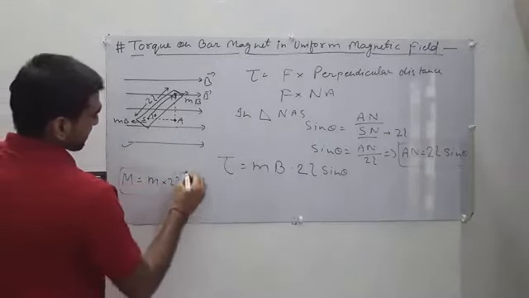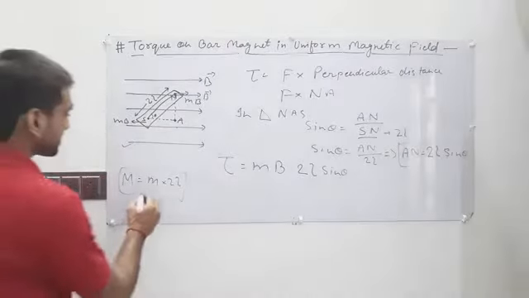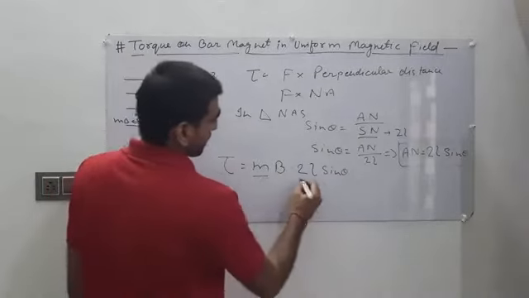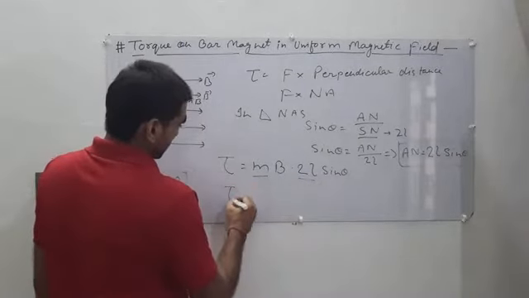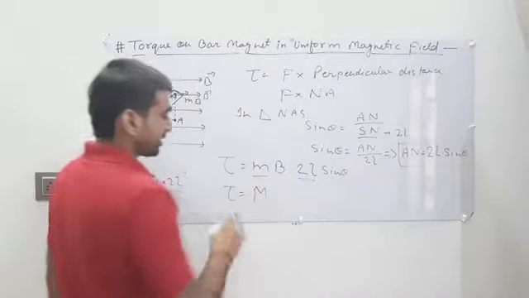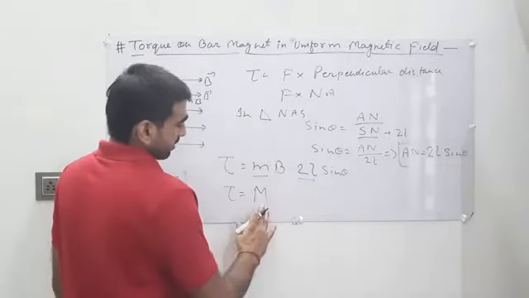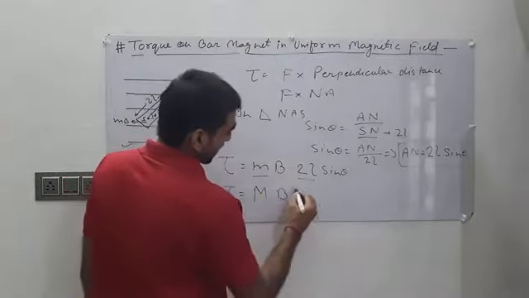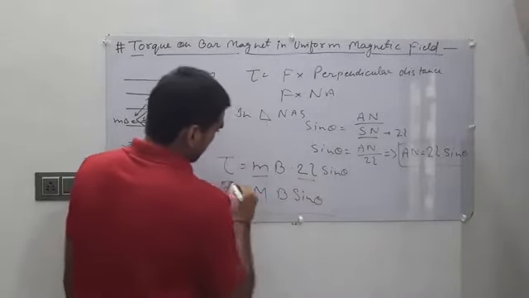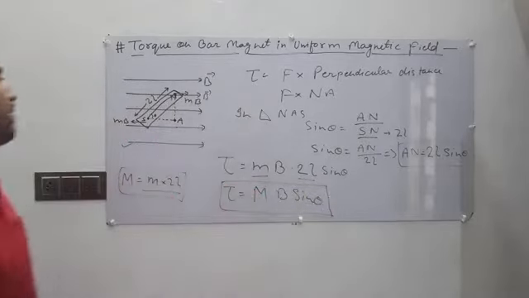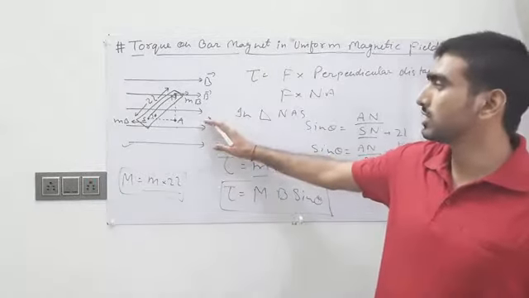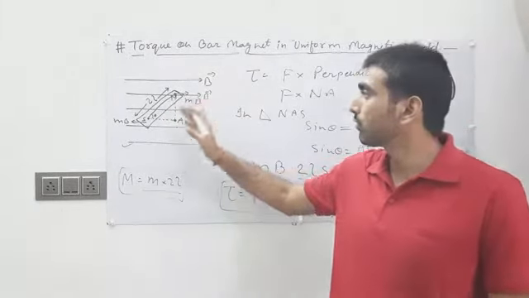We already discussed it. Now put this in this equation: small m and 2L become capital M, the magnetic dipole moment, and tau becomes M into B sine theta. So this is your formula of torque on a bar magnet which is placed in a uniform magnetic field. The condition is that the bar magnet is placed in a uniform magnetic field.